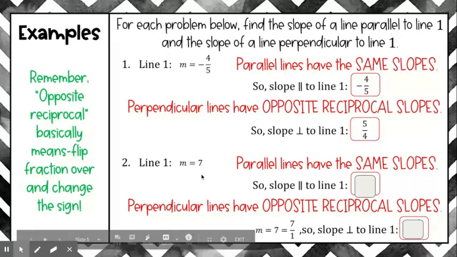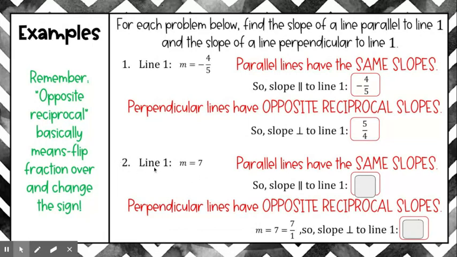Number 2 says line 1 has a slope of 7. So if it's a slope of 7, what is the slope that's going to be parallel to line 1? It's going to be 7.